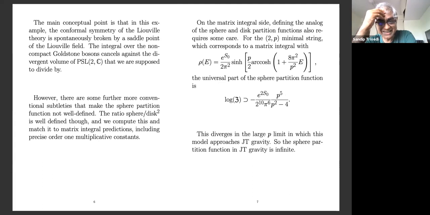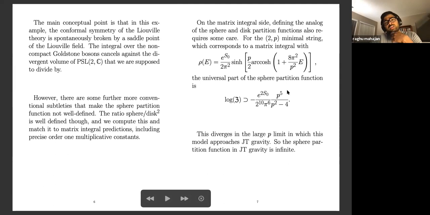But since you make it, and again, feel free to just come back whenever you want, is the statement that, in JT gravity on the sphere, can you say something? You do expect these saddle points, but the infinity upstairs is bigger in some sense. I think the point is that in JT gravity you get an infinity because, let's look at this formula for the density of states at general p.